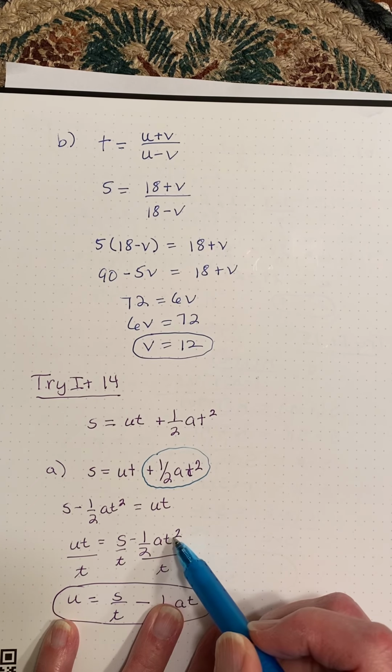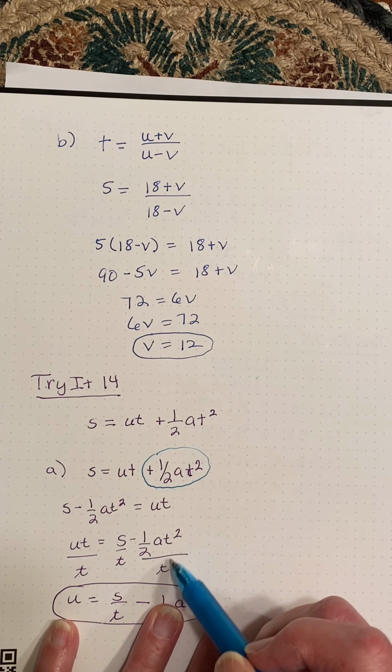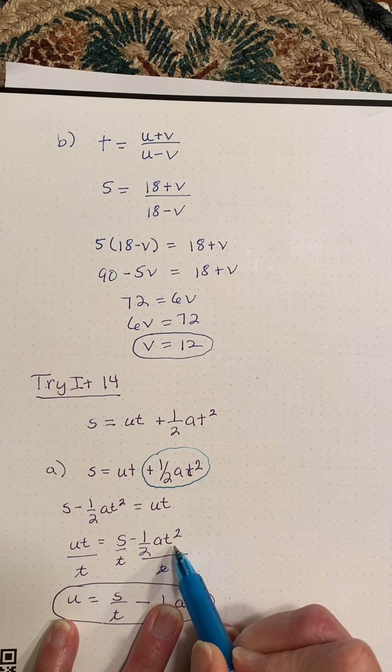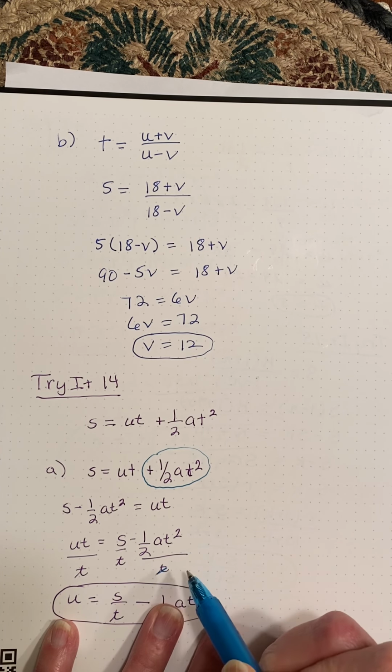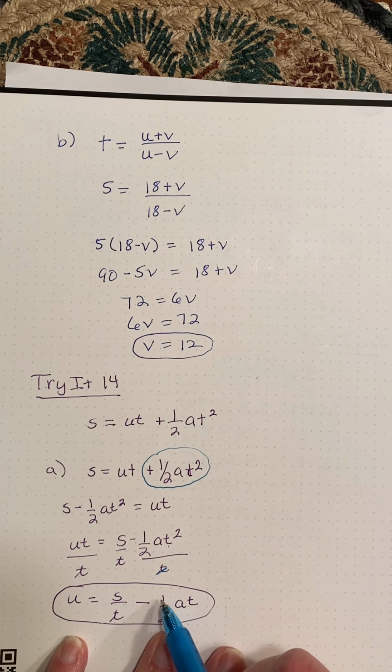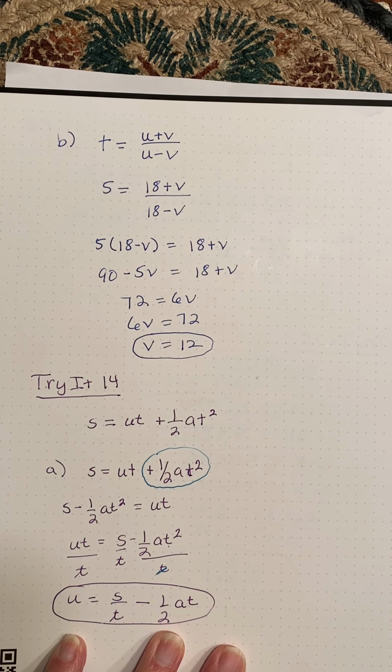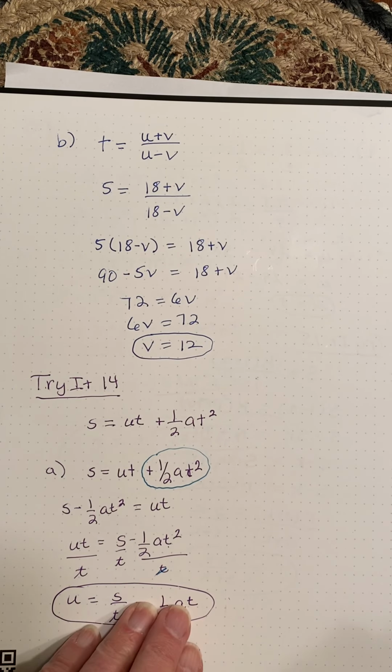So remember, when you divide t's, you subtract the exponents. So this is going to go away, and I'm just left with one of the t's. So I end up with half at. So u equals s over t minus half of at. And there you have that.